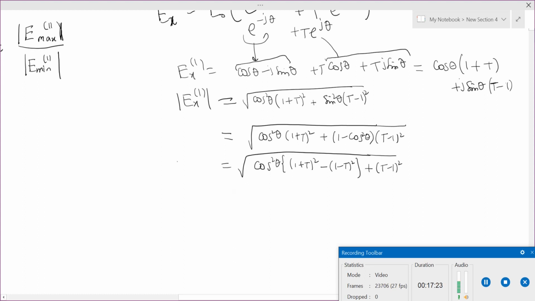Okay, now when will this take maximum value? The maximum value will correspond to theta equal to 0, because in that case cos has its maximum value.